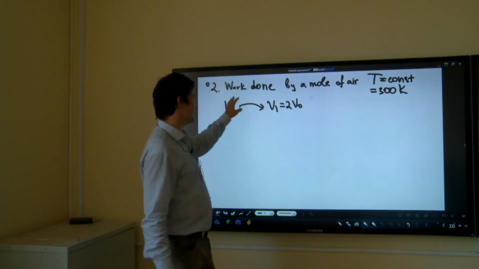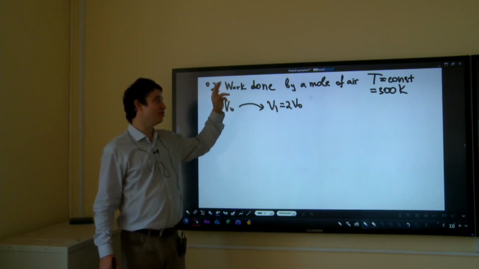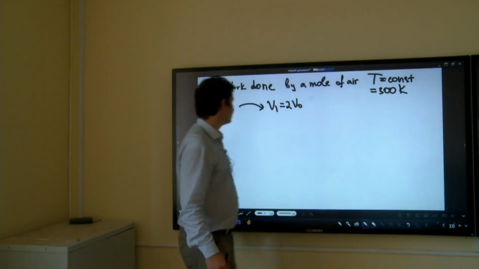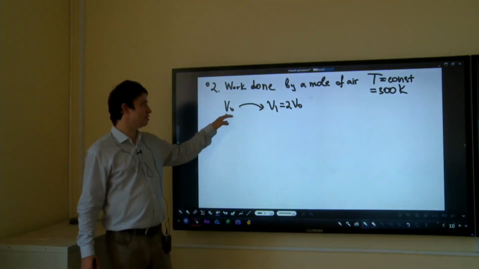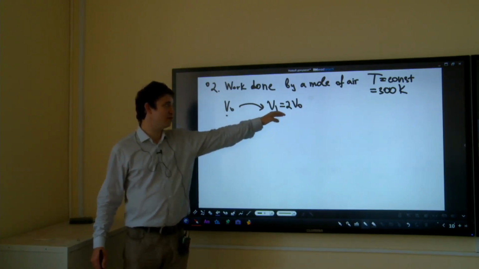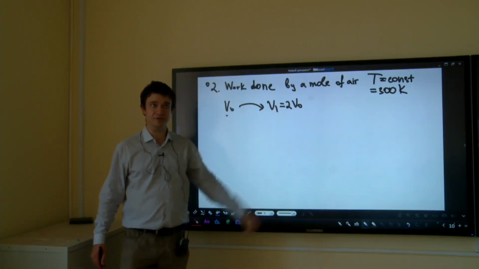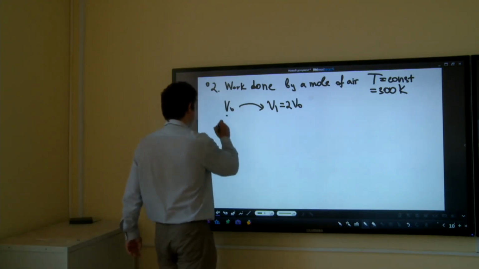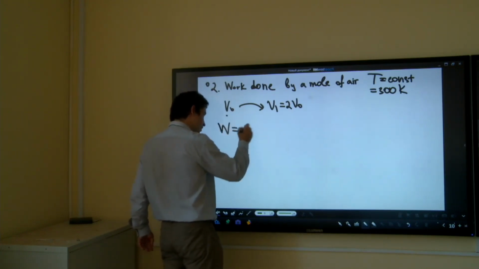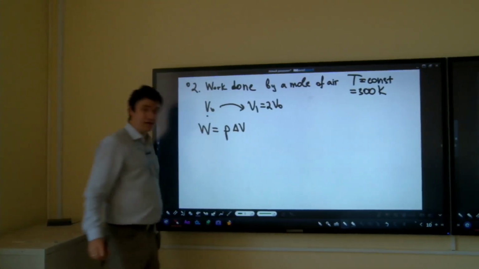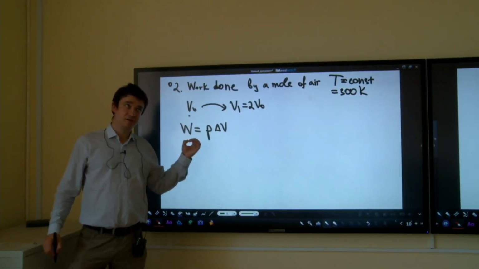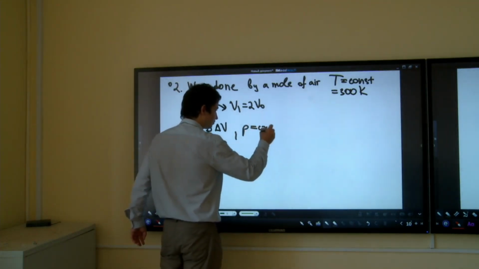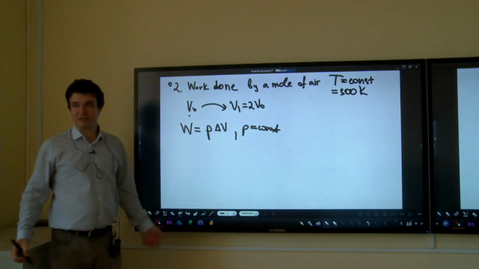We need to find the work done by a mole of air in the process at room temperature when the volume increases from V0 to V1, which is twice V0. The work done by the gas is equal to P delta V, but this equation only applies when the pressure is constant.